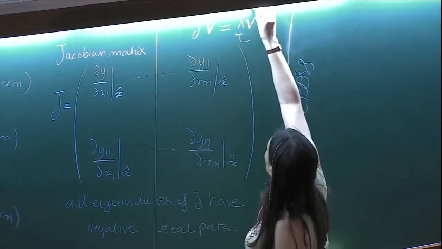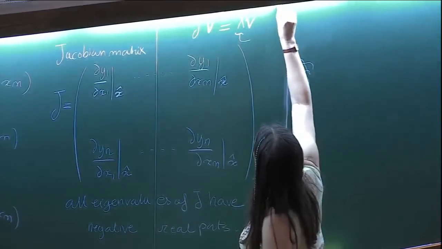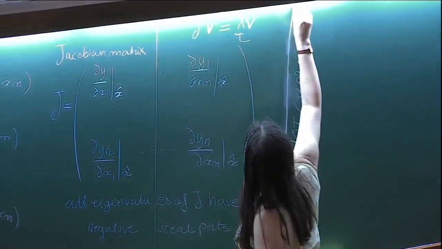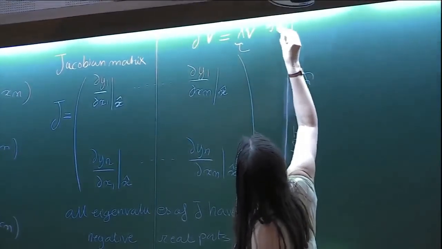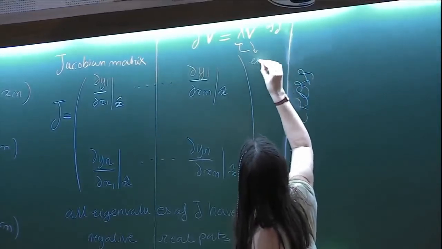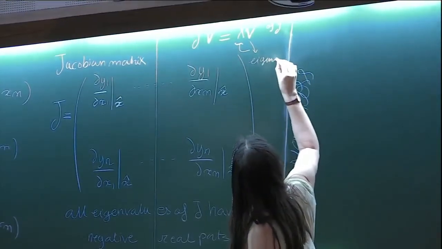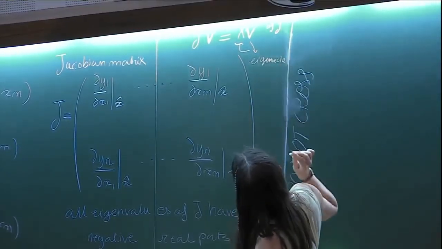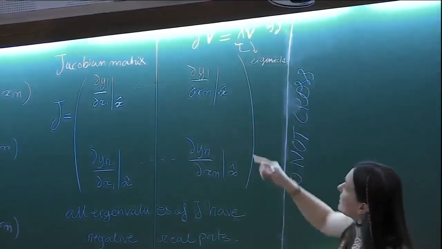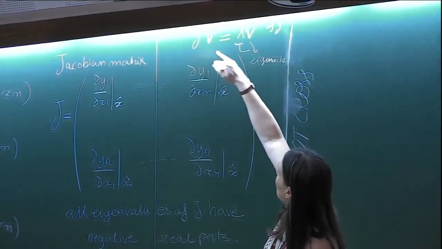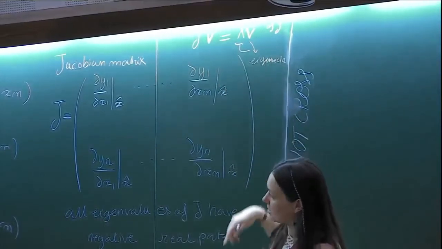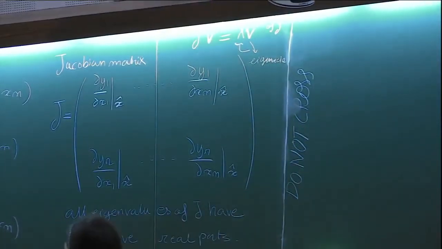Then this is an eigenvalue of J, and this is an eigenvector. So basically, you take the matrix, multiply by a vector, you obtain the same vector with every term multiplied by the same thing, and then you've got an eigenvalue and an eigenvector.